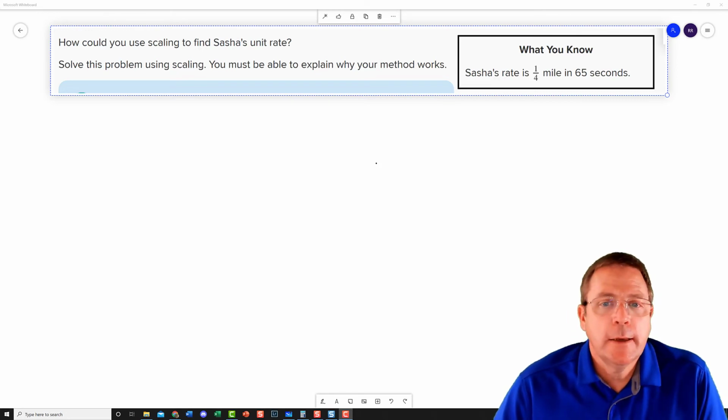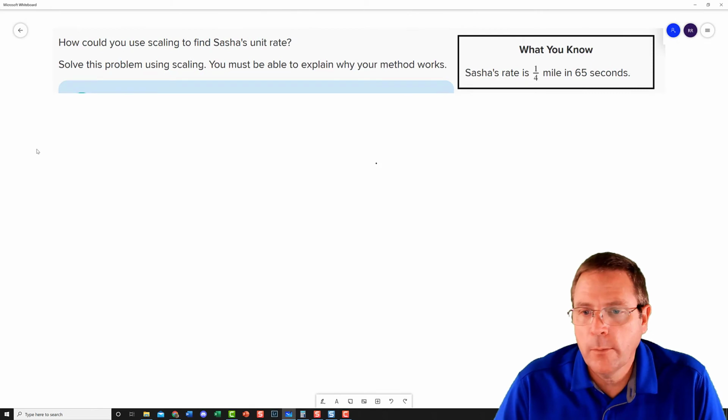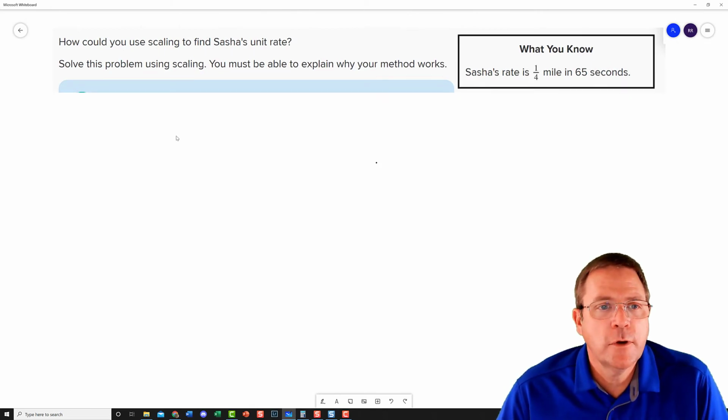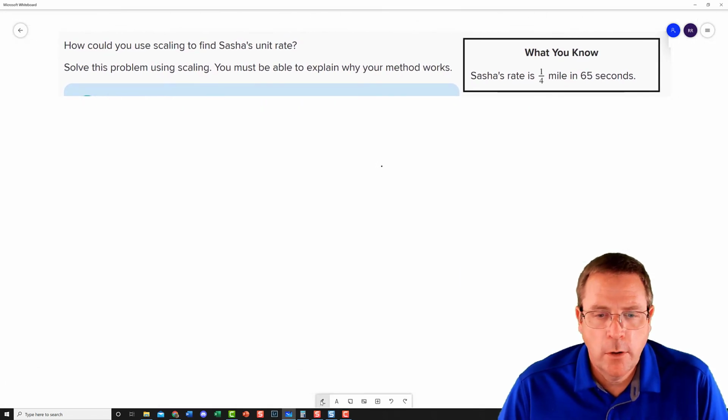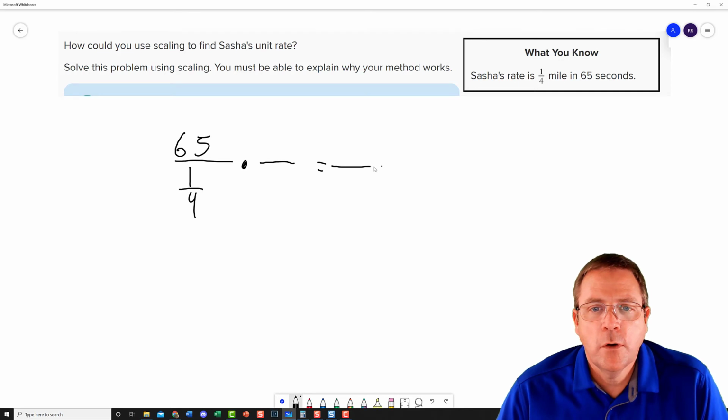For scaling, the general idea behind it is you set up a ratio where you have the 65 seconds and the 1/4 mile. And then you ask yourself, what could I multiply the top and bottom by so that my bottom number is going to equal 1?